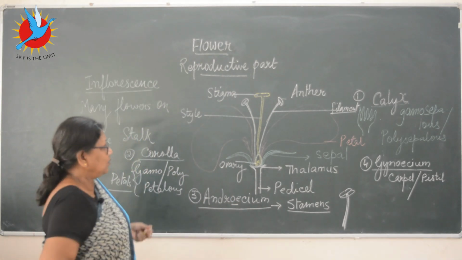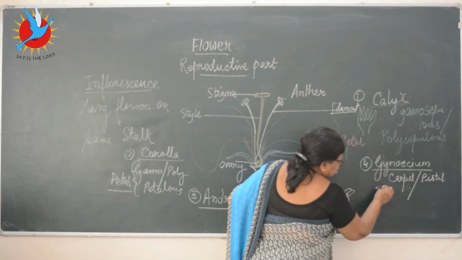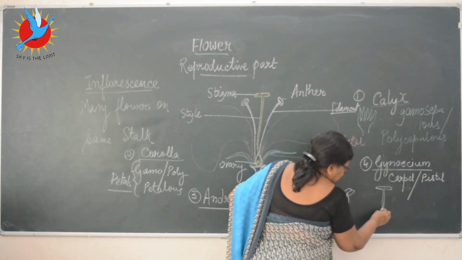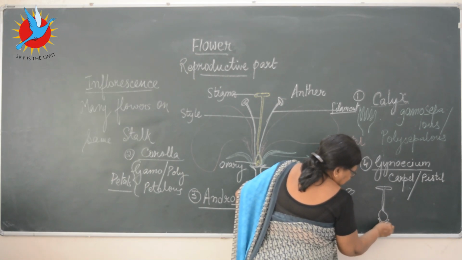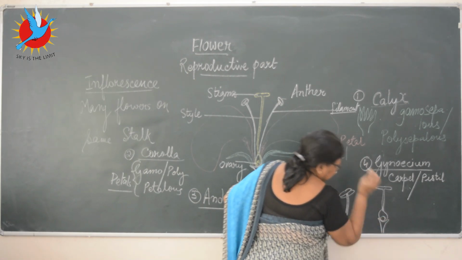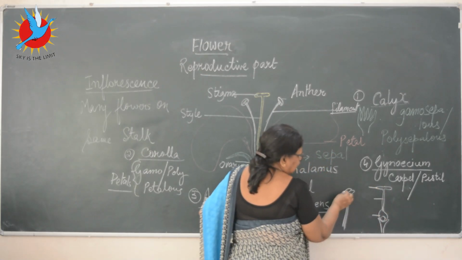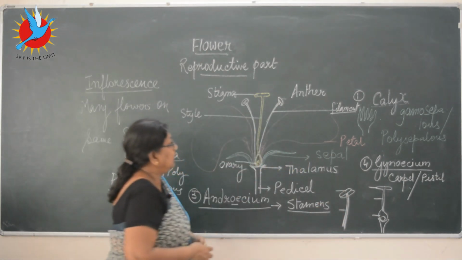Stigma, style and ovary. How do we draw it here? This is your stigma, this is the style, and this is the ovary. Stigma, style and ovary. This is anther and this is filament. The labels are already there.